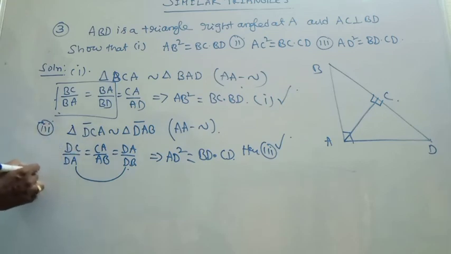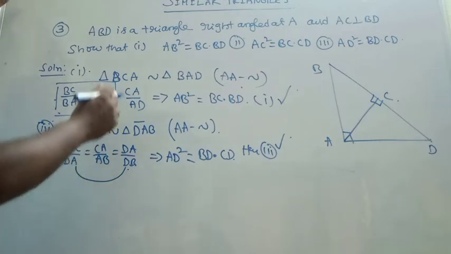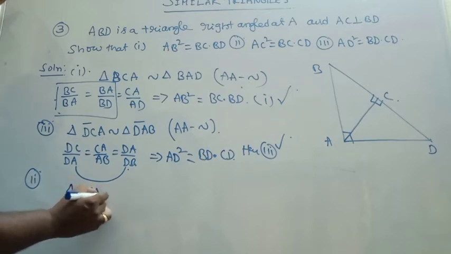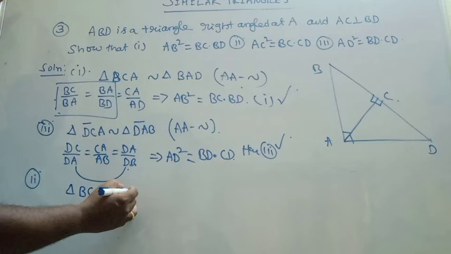Now let us try to get the second one. The second one is what? AC square is equal to BC into CD, right, my dear students? Now one thing we can do: we know triangle BCA is similar to triangle BAD.